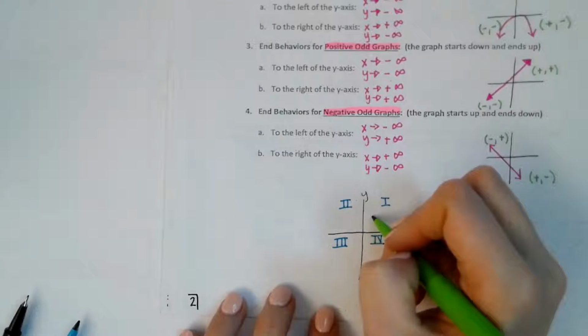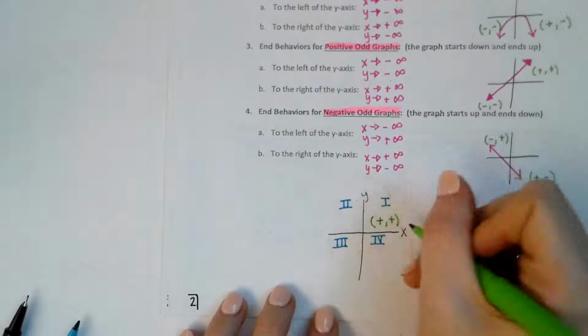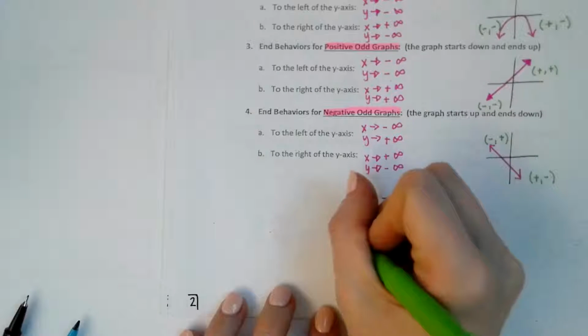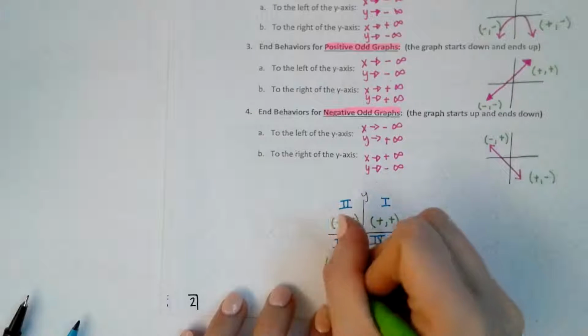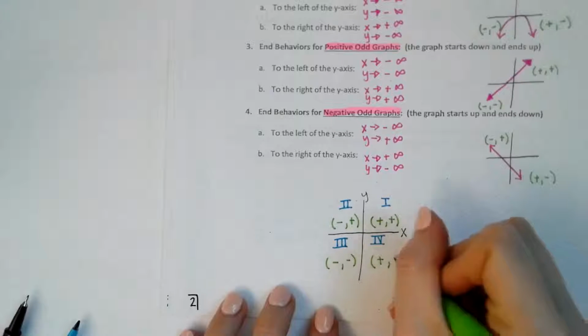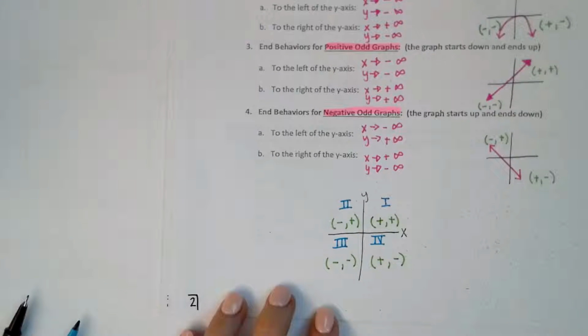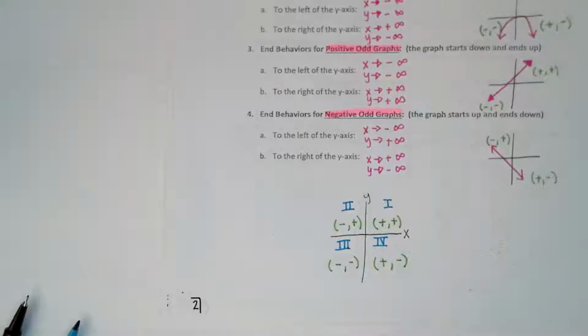Your values in quadrant 1 are both positive. Over here, your x's are negative and your y's are positive. Here they're both negative. And your x's are positive, but your y's are negative. So that might be something I'd start to memorize if you don't already know that.